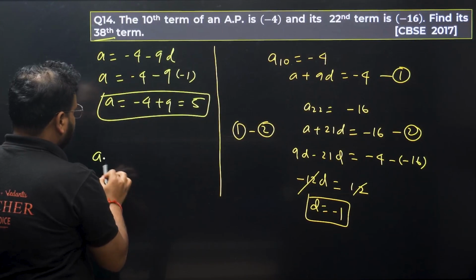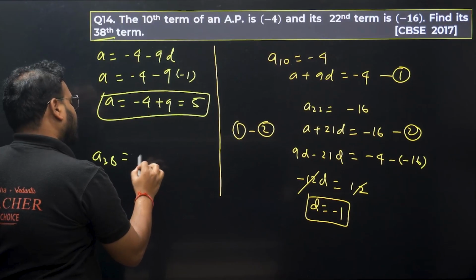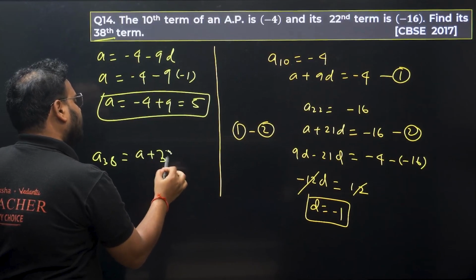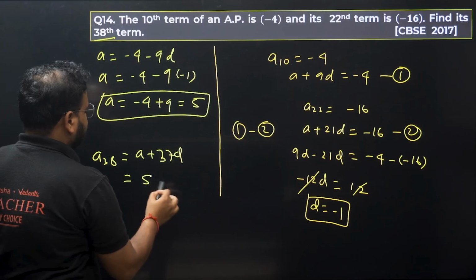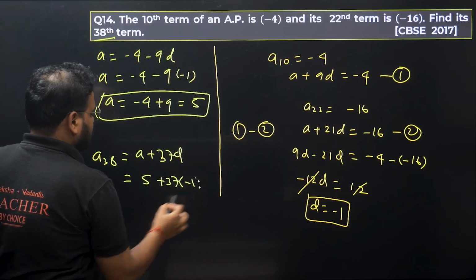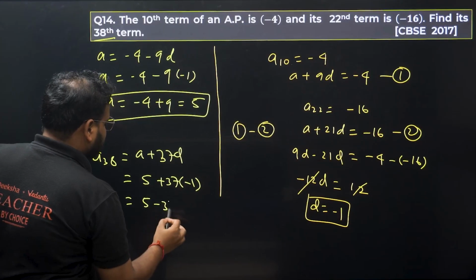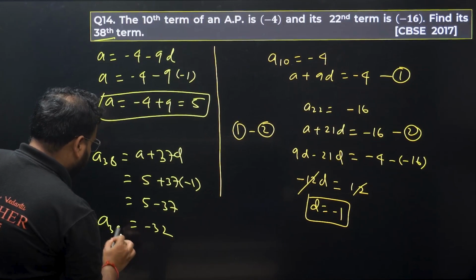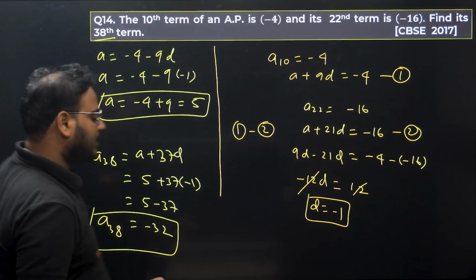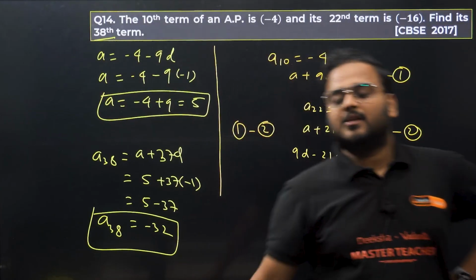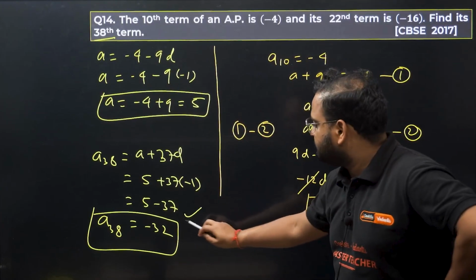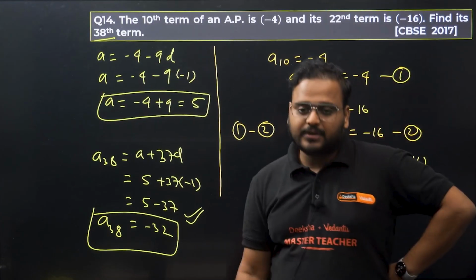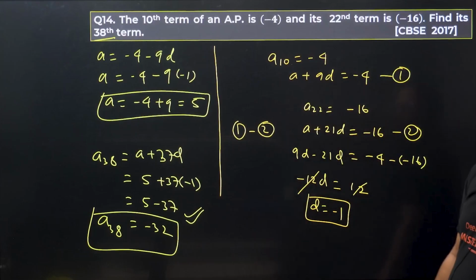So right here A38 is nothing but A plus 37D. What is A? 5. 37 times minus 1. What I get? 5 minus 37. How much is that? Minus 32. That's my value of the 38th term. A38 is minus 32. Please cross check. It's the right answer. Question number 14 is over.